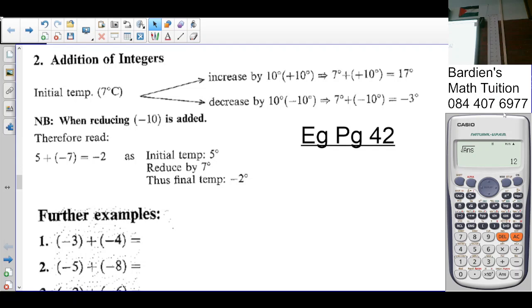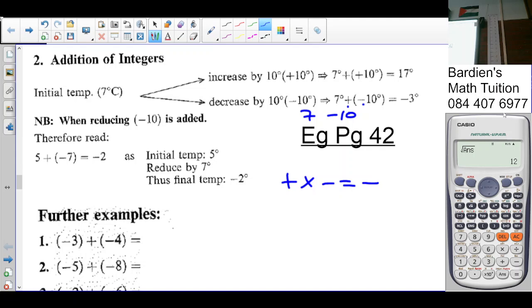If you decrease by 10, it would have been 7 plus negative 10. What's a positive times a negative? Negative. So it's 7 minus 10, which is negative 3.